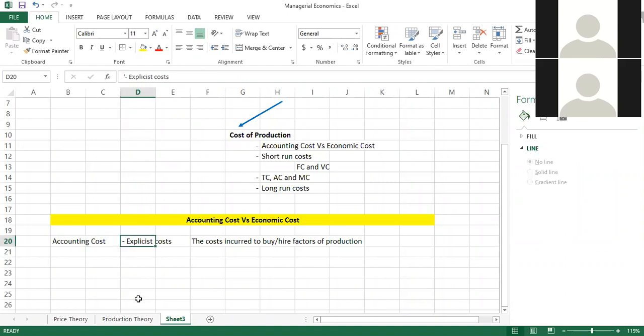So accounting cost includes only this explicit cost, but economic cost includes not only the explicit cost, but also implicit cost. So the economic cost includes both explicit and implicit cost.